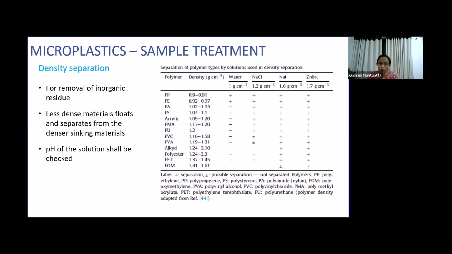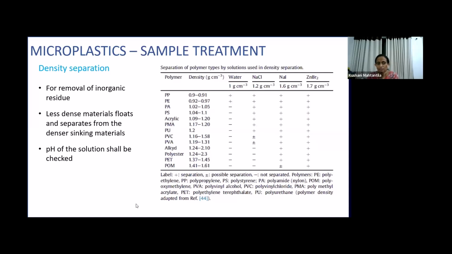For the removal of inorganic residues, once we have collected into the nets, in every net we have inorganic fractions, that is sands and so on. That is separated by density separation. We use solutions of different densities to separate.